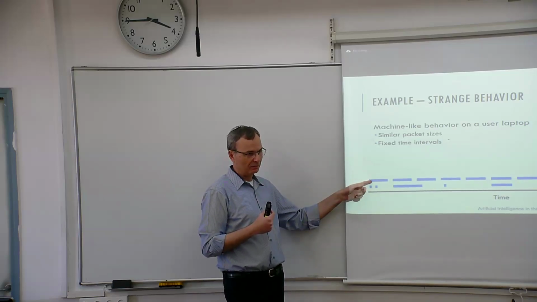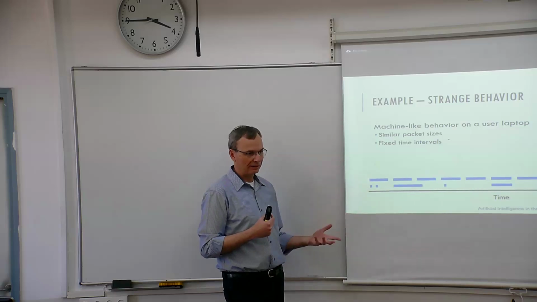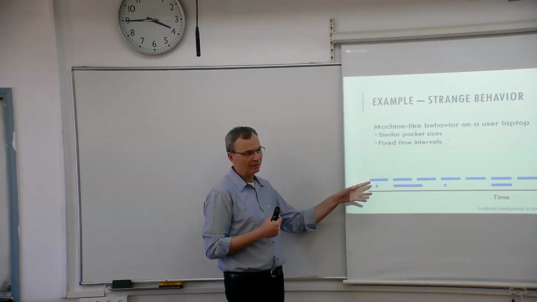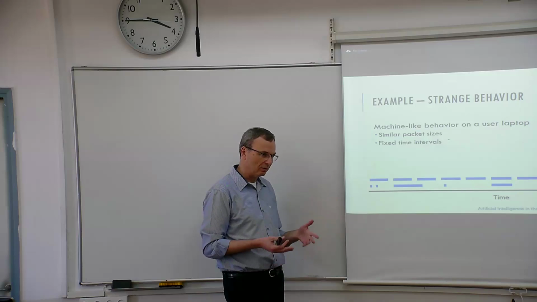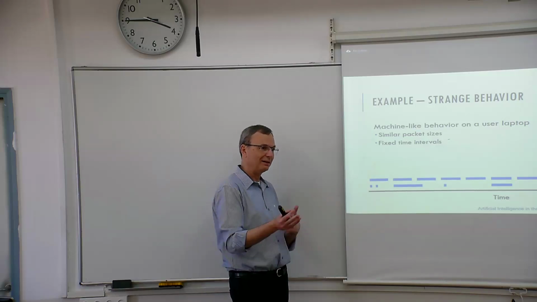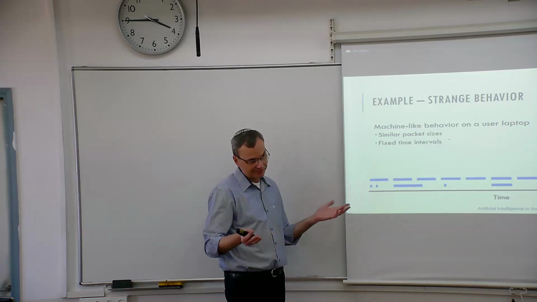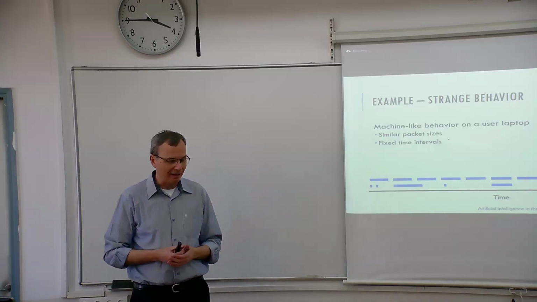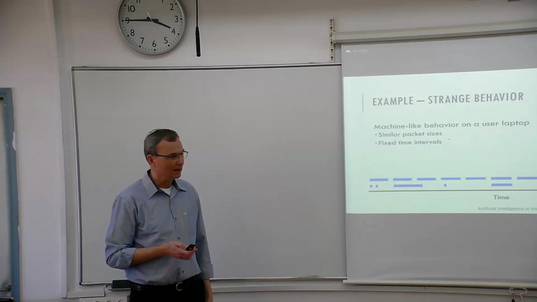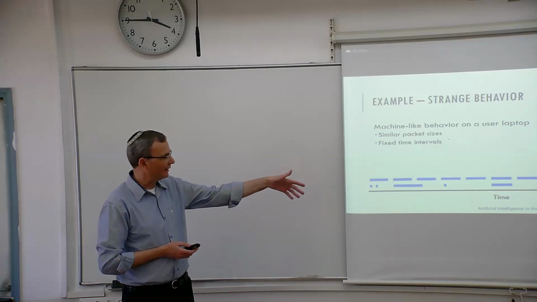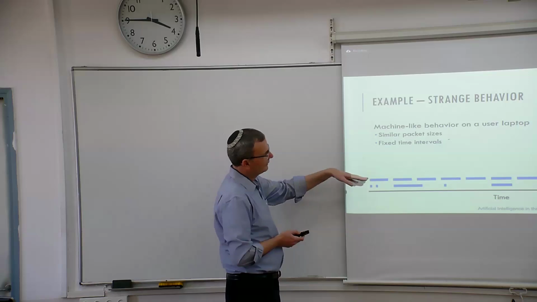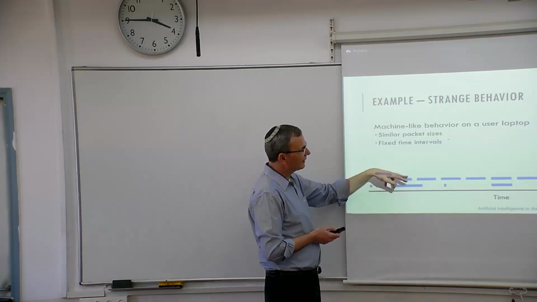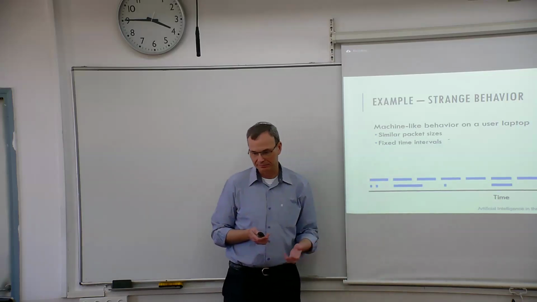And once products came out that know how to look for it, malware authors changed their behavior. So now it's more random. It's always a race, an arms race. So in this case, it's a very easy way to go, and the anomaly is that there is something which is regular.